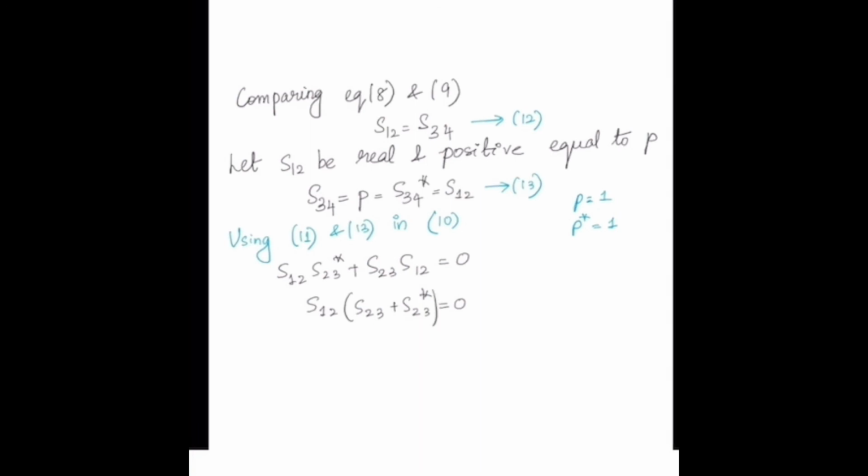So this can be written as S12 into S23 plus S23 conjugate is equal to 0. When we are feeding power at port 1, some power surely comes out of port 2. That means S12 cannot be equal to 0. So the only term that can be equal to 0 is S23 plus S23 conjugate.